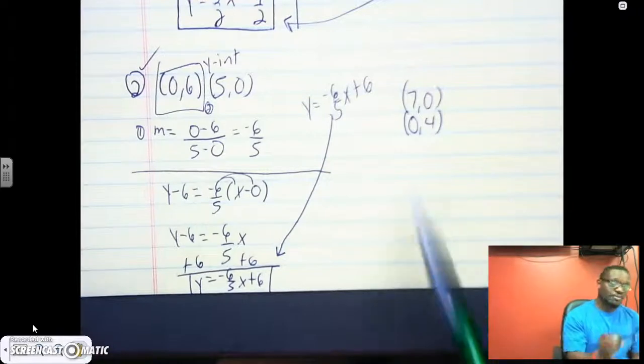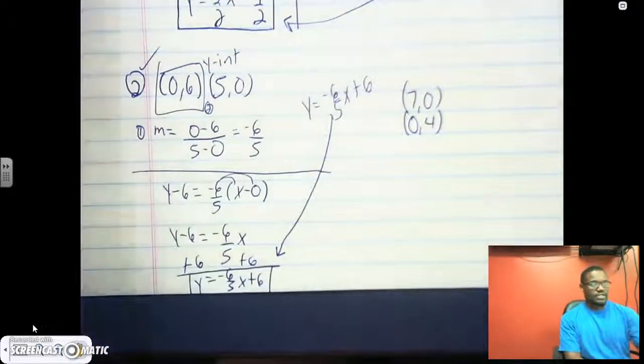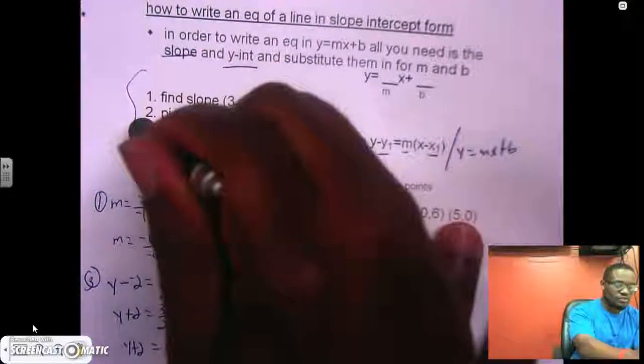So if you know how to write a point based off of intercepts, then you could follow this whole pattern again. Or they'll tell you that the slope is 2/3 and it passes through the point 3, 4. And so they're telling you enough information for you to be able to use this stuff right here. So it's important that you know this and follow this pattern.